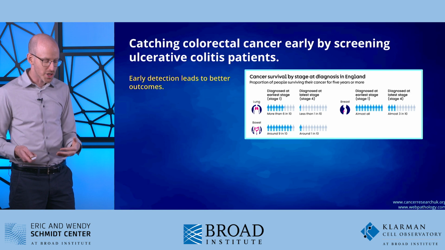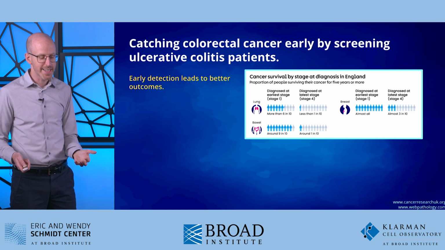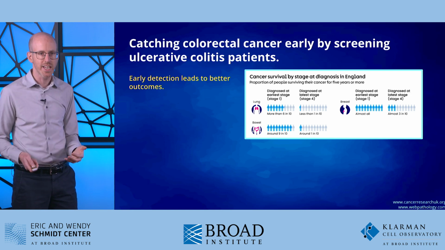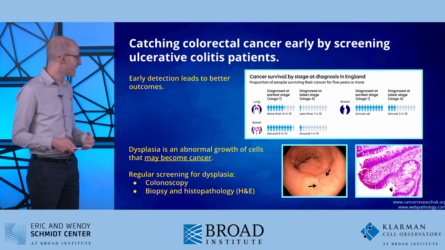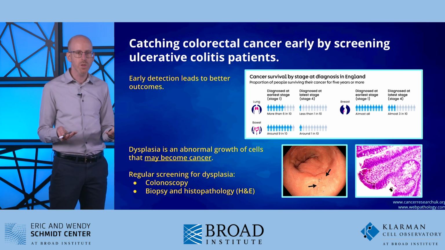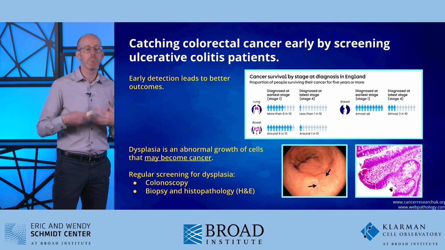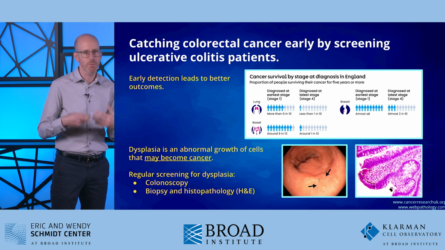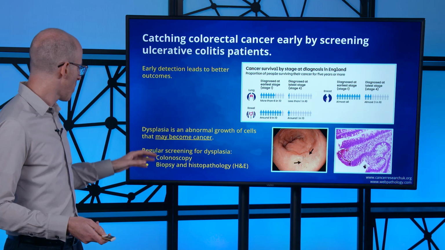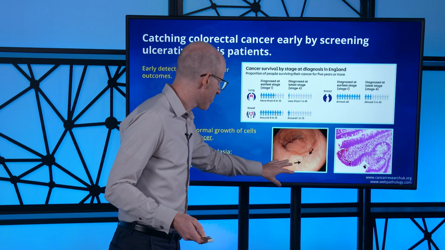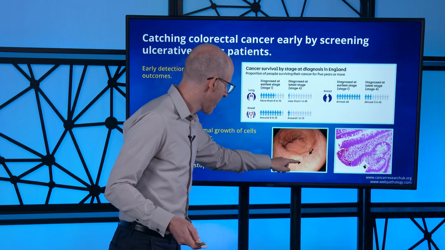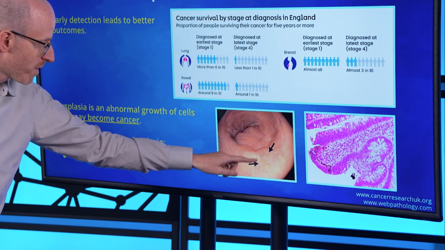Now, when a pathologist is looking at an ulcerative colitis tissue section that's been stained with H&E, they are looking for signs of dysplasia. Dysplasia is an abnormal growth of cells in your colon that may become cancer, so it's something that needs to be looked at. On the left here is a colonoscopy, and the gastroenterologist and the pathologist have noted a region of dysplasia.